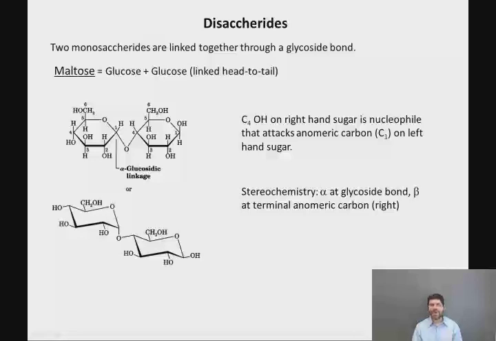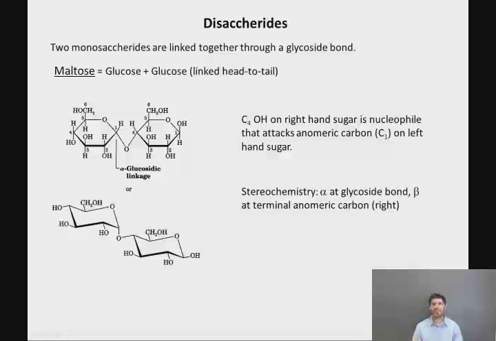But we also, in this case, need to consider the stereochemistry at the terminal anomeric carbon on the right-hand sugar, C1 of the right-hand sugar. And as you can see from looking at the chair conformation, that OH is occupying an equatorial position. So therefore, the stereochemistry here is beta.